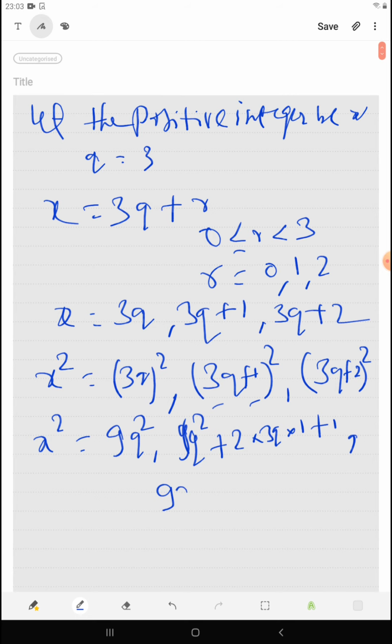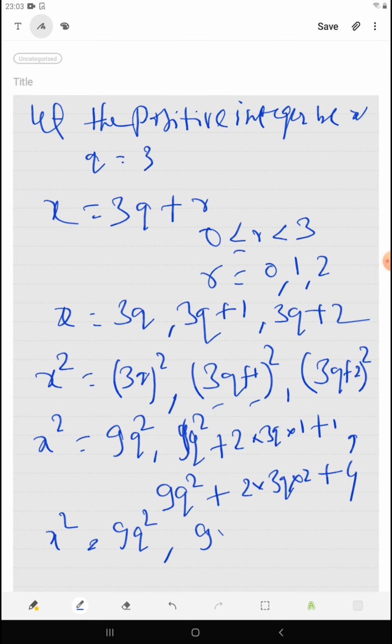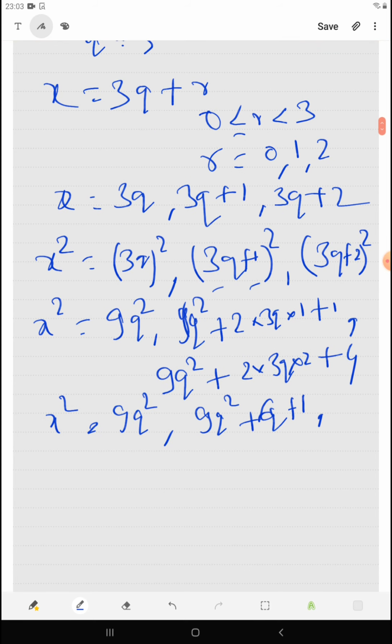This will be again 9q square plus 2 into 3q into 2 plus 4, as 2 square is 4. So x square can be either 9q square, or 9q square plus 6q plus 1, or 9q square plus 12q plus 4.